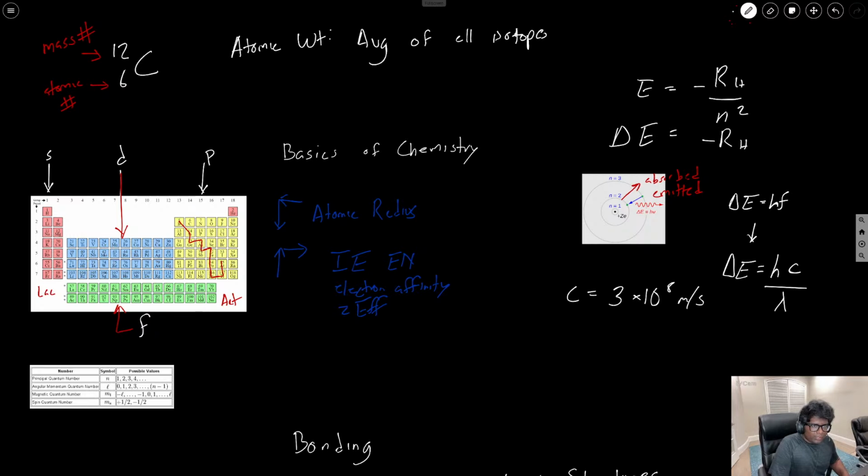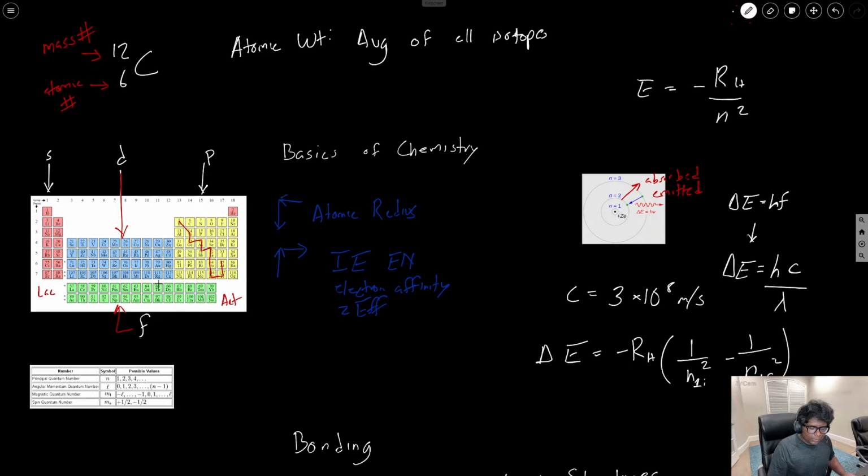So delta E equals R_H times 1 over n initial squared minus 1 over n final squared. So yeah, it'll be something like that.